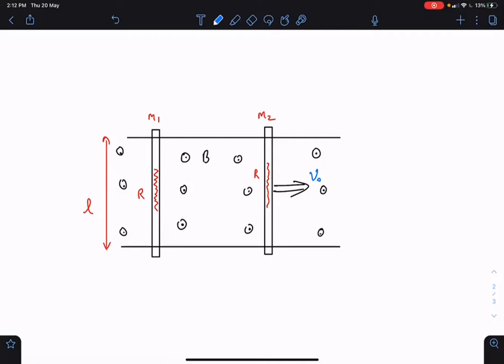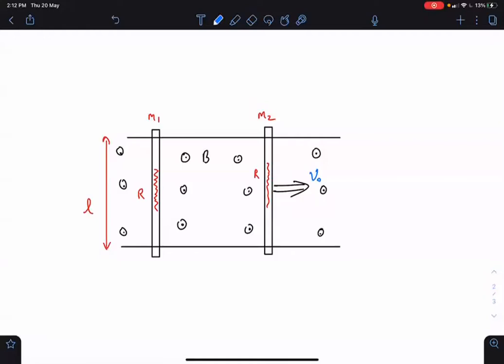What will happen? That's the question. First, there will be an EMF induced, which will cause current in the circuit. Because of the current in the circuit, M1 will also have a force, which will try to stop the flux change.